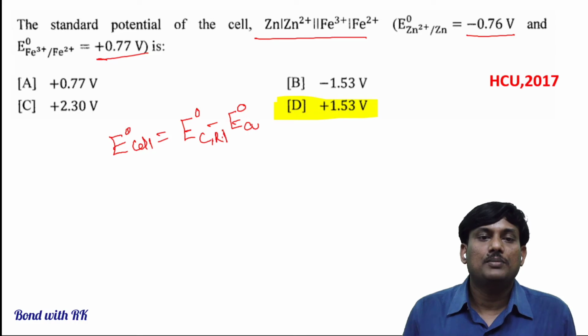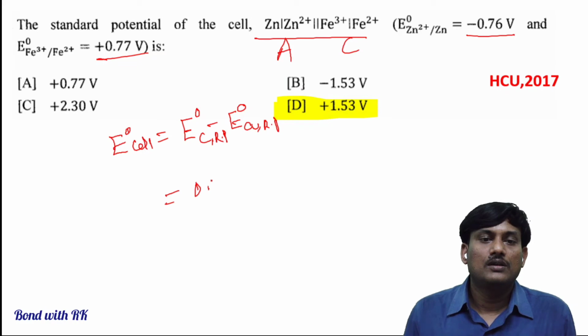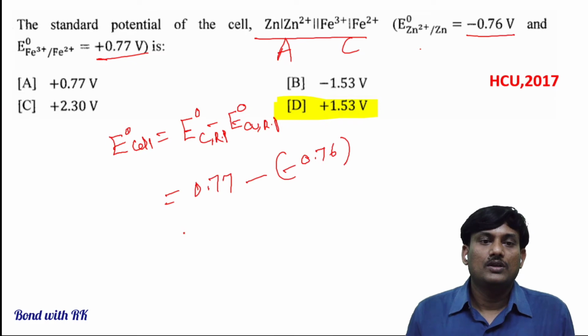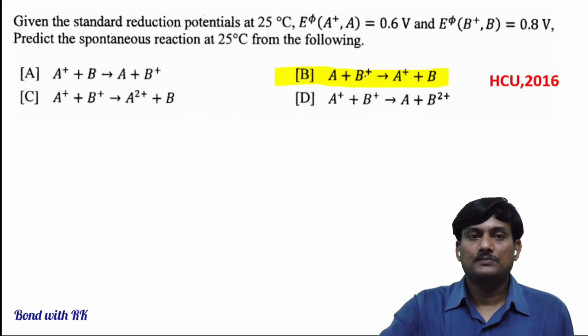Here this one is cathode, this one is anode. The reduction potential of cathode is 0.777 minus the reduction potential of anode, minus 0.76. So this is equal to 1.53 volts. So D is the correct option.